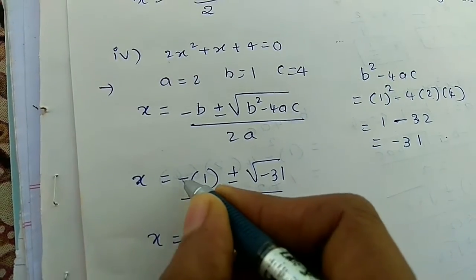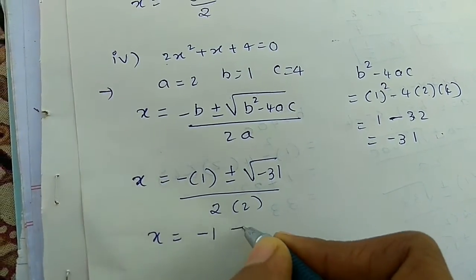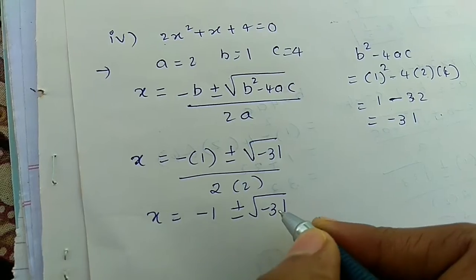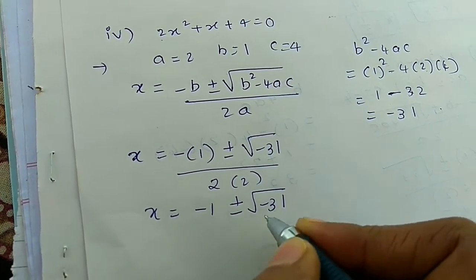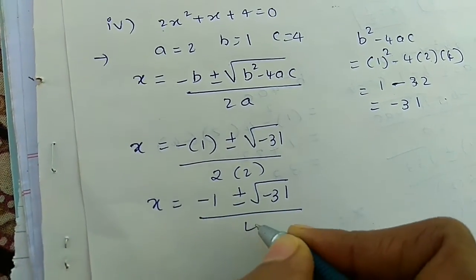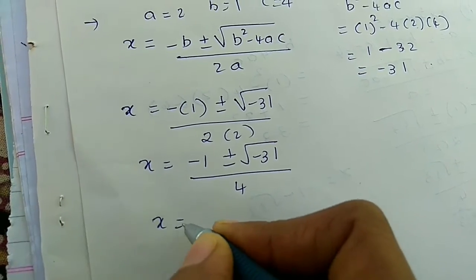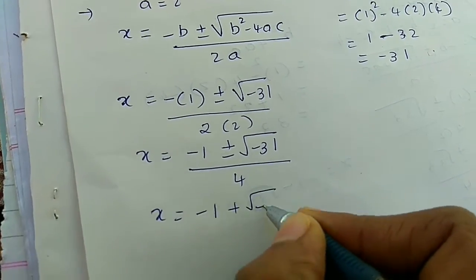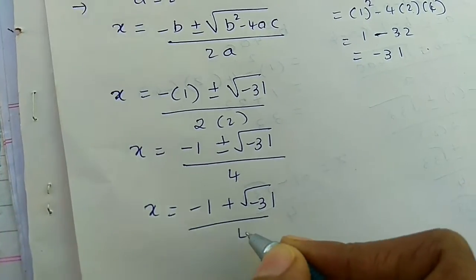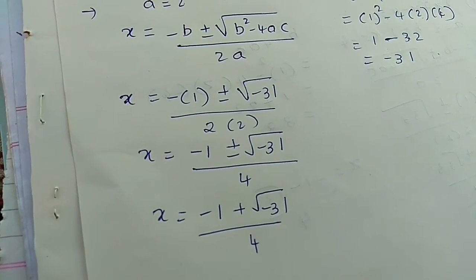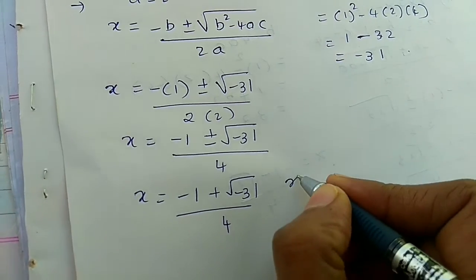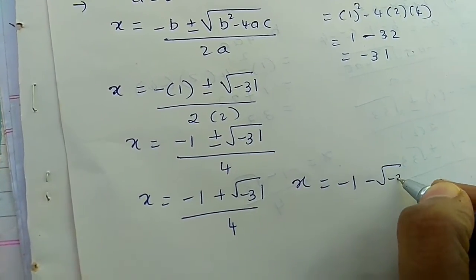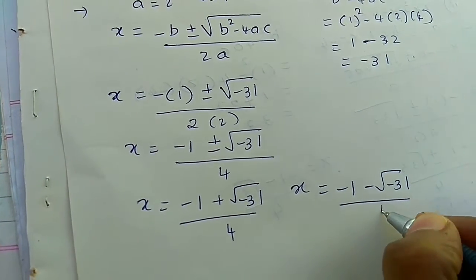But we cannot find the root of negative numbers, and 2 into 2 is 4, so the roots will always be imaginary. One root is x equals minus 1 plus root minus 31 upon 4, and the other root is x equals minus 1 minus root minus 31 divided by 4.